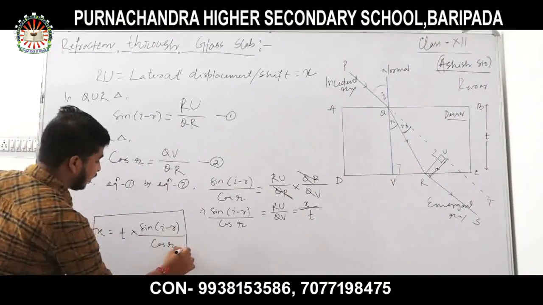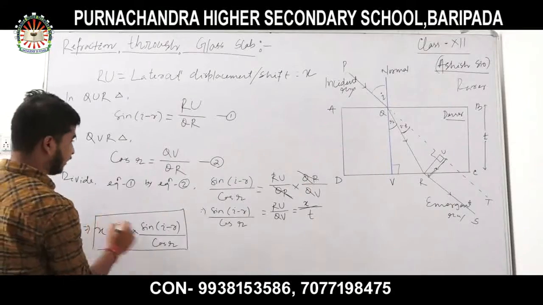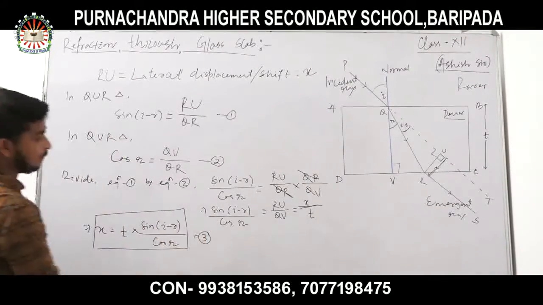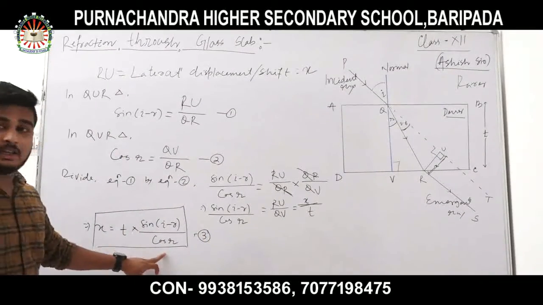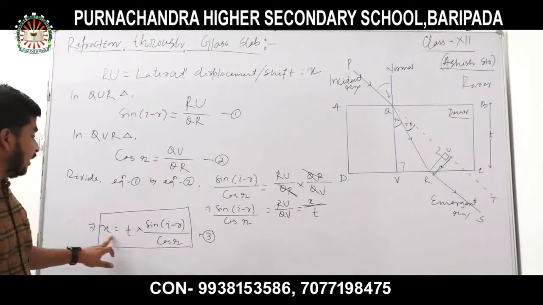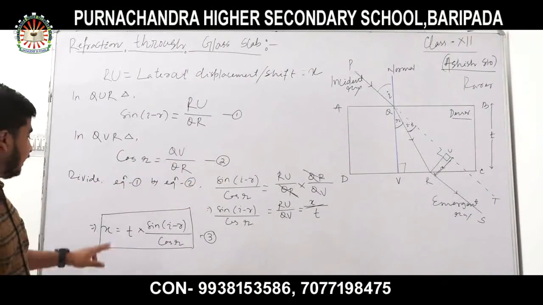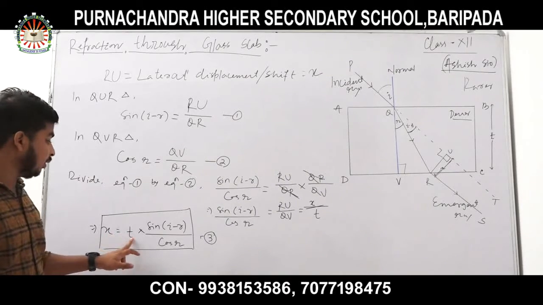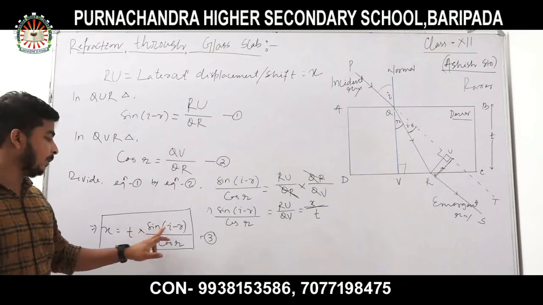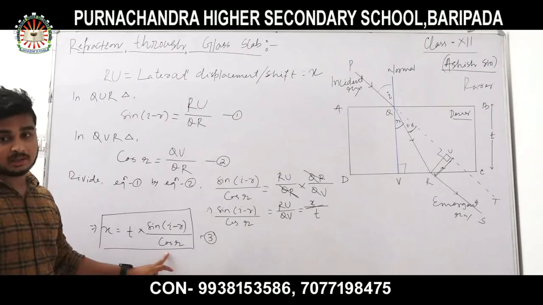This is the expression for lateral displacement. So equation 3 is the expression for lateral displacement. So lateral displacement x is equal to thickness t into sine(i minus r) upon cos r.